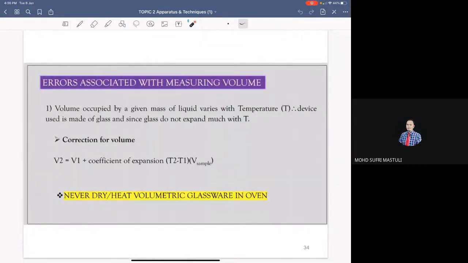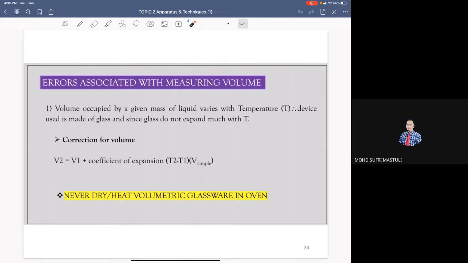Since we have error in the analytical balance, where we apply buoyancy correction, the same goes for volumetric glassware.